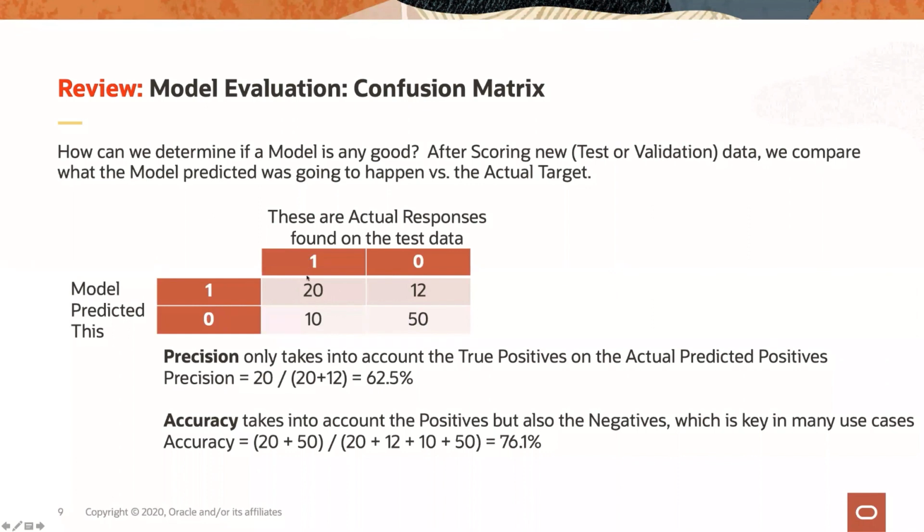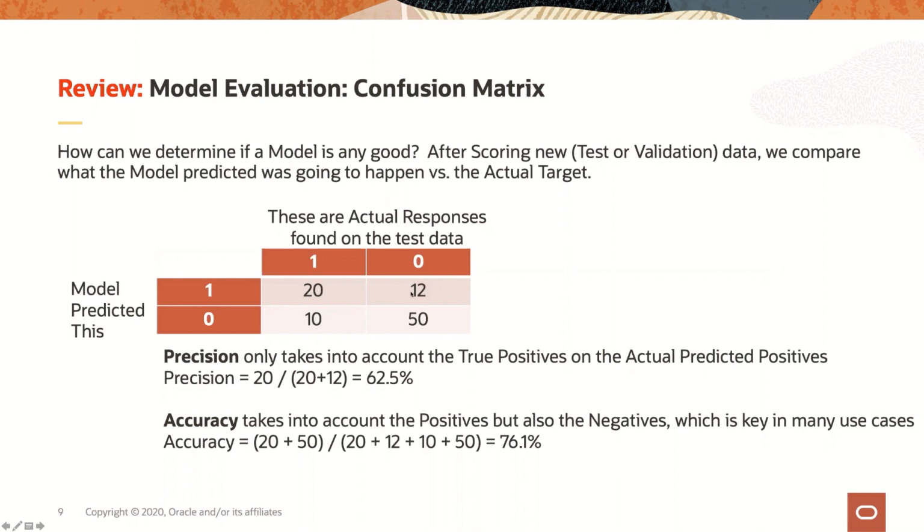My model predicted that there were going to be 20 here, and 20 were good, but it also thought these 12 were part of that prediction of good, or my actual target customers, and they are not. So this is a mistake that the model is making.